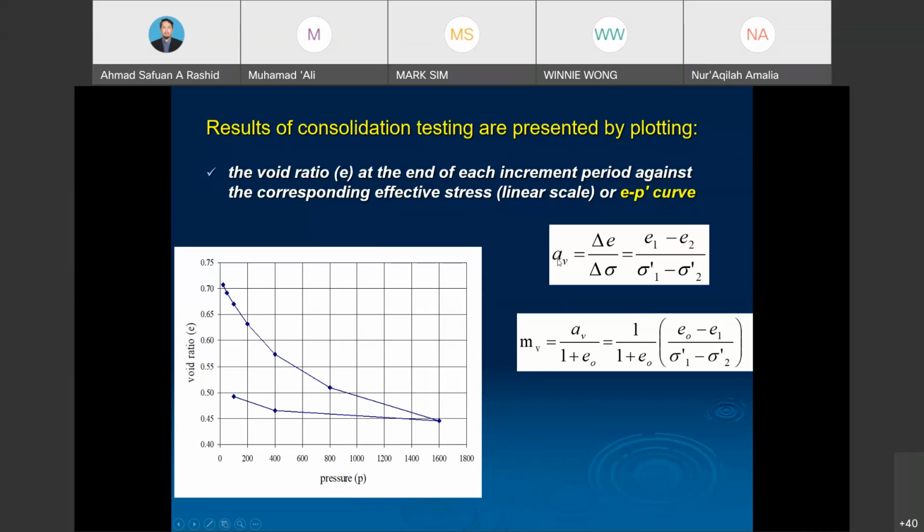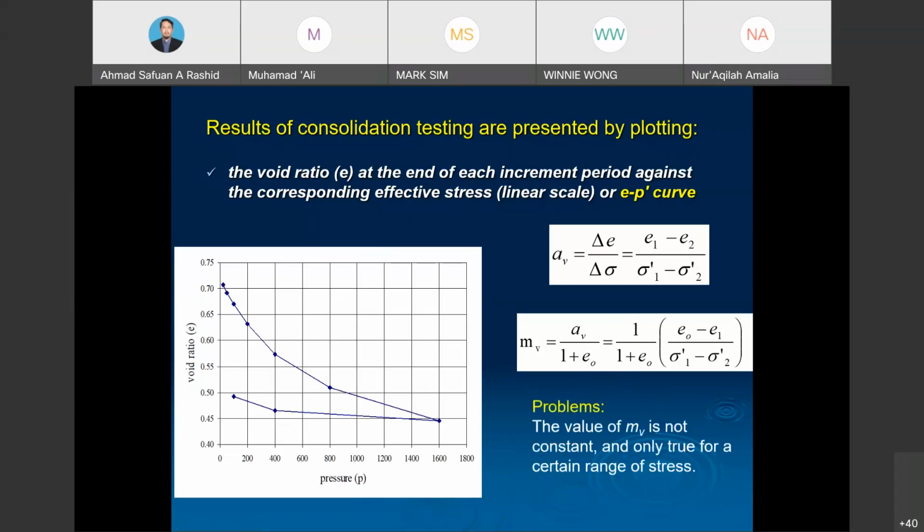Once we have determined the av value, it should be divided by 1 plus e naught. The e naught is obtained based on the first loading pressure. All e naught can be gained by multiplying w times Gs. Then that is the value of e naught.